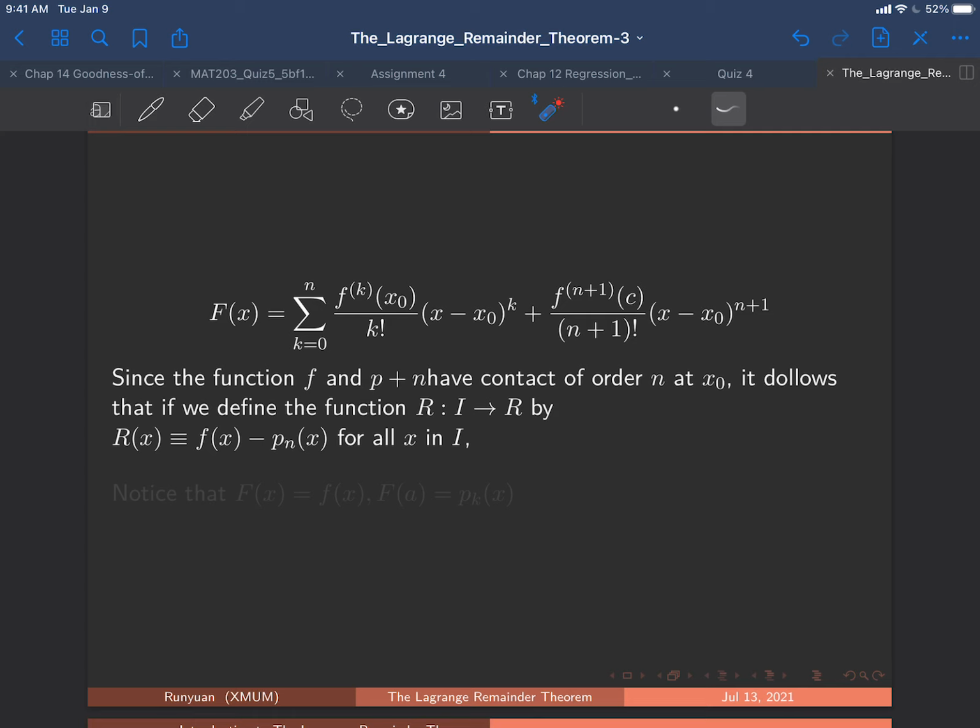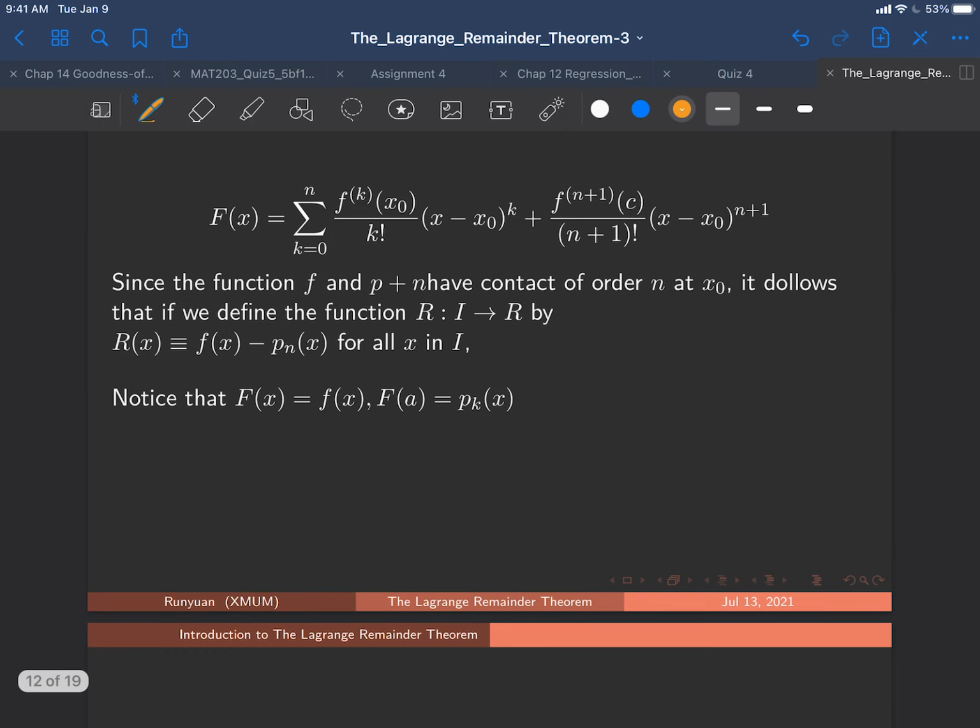It follows that if we define the function R from I to R, the error will be equivalent to f minus the Taylor polynomial for all x in I.